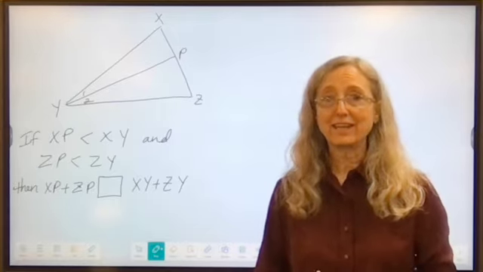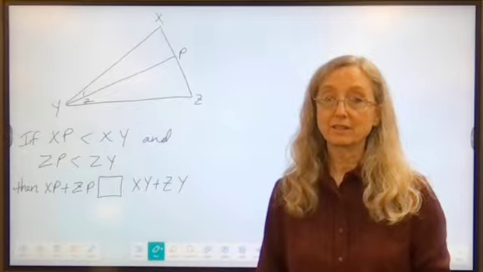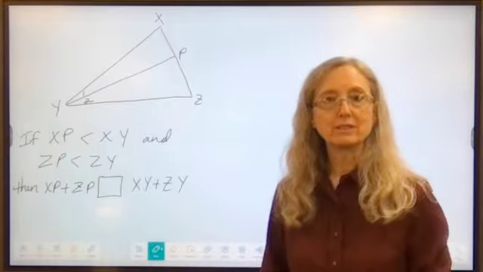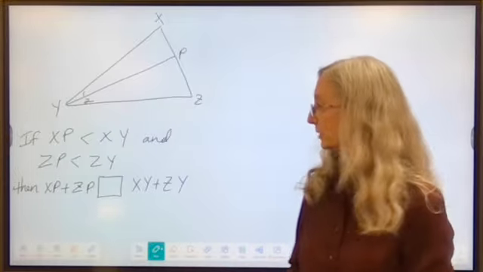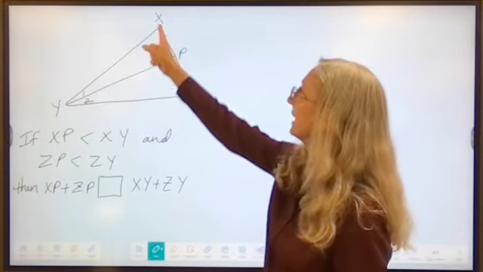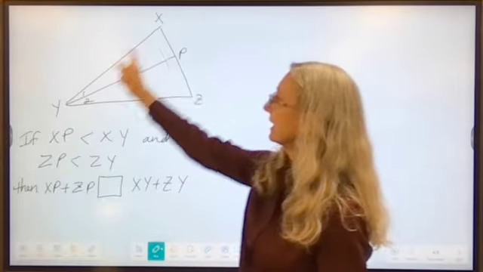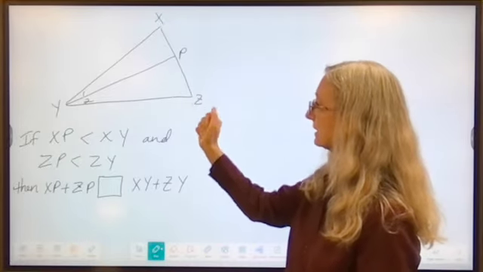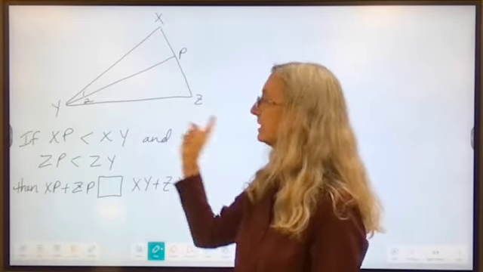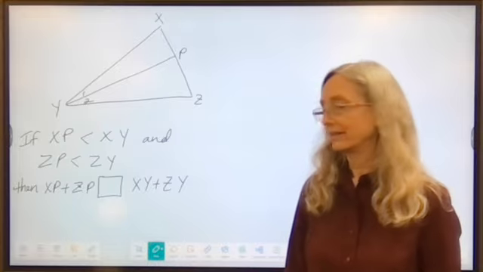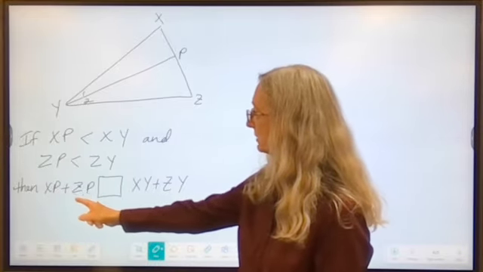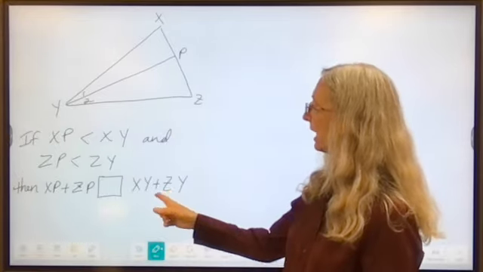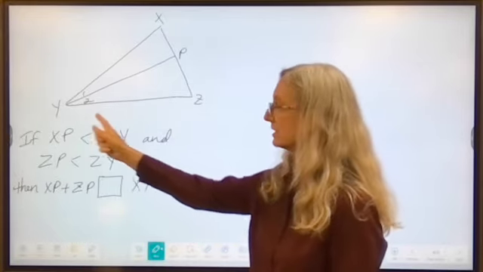Here's another example of using the comparison property in the exact same triangle. Now I'm going to deal with the segments that are created. So if XP is less than XY, and ZP is less than ZY, then XP plus ZP, so this plus this, would compare how to XY plus ZY?